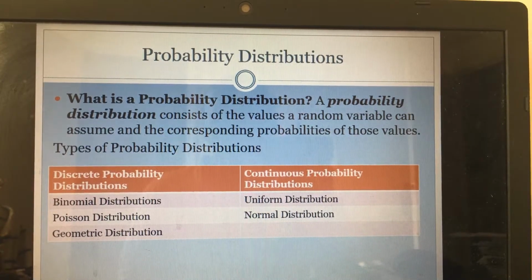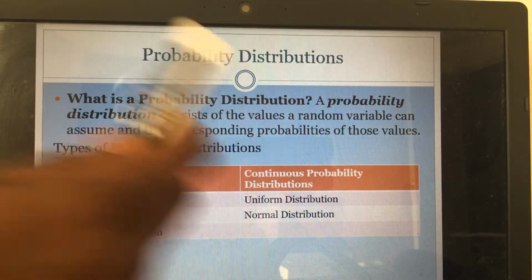I wrote here that a probability distribution consists of all the values that a random variable can have together with their corresponding probabilities. All the values a random variable can have and the corresponding probabilities, we call it the probability distribution.